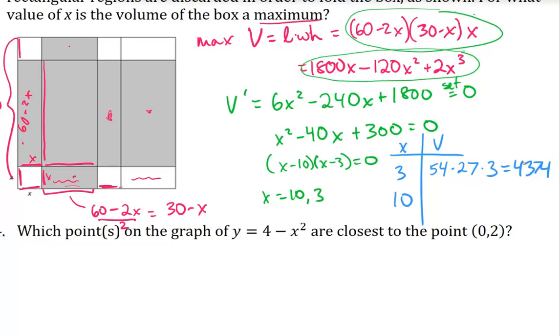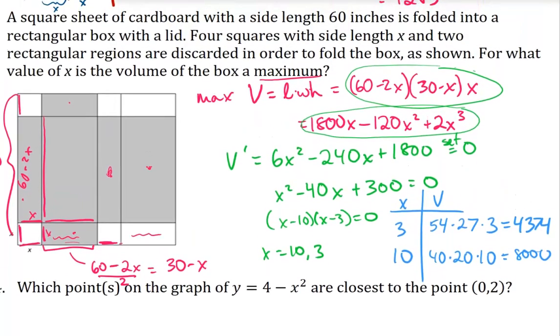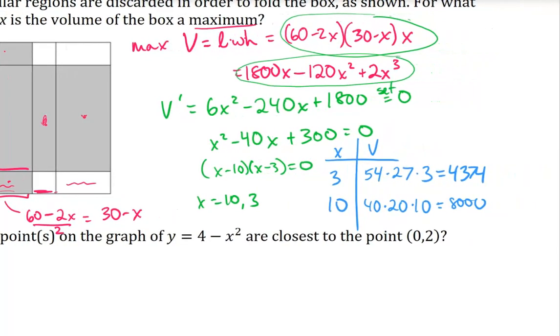Okay, and then if I plug 10 in, I'm going to have 60 minus 20 is 40, times 30 minus 10 is 20, times 10 is 8 with 3 zeros, 8,000. So my maximum volume then is going to be 8,000, do we have units? Yes, inches. So 8,000 inches cubed is my maximum volume.